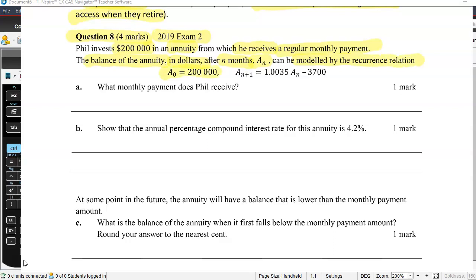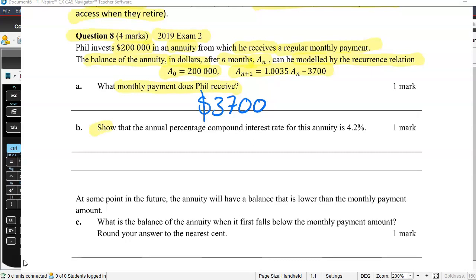So 200,000 is the initial investment, and that's the recurrence. So what monthly payment does Phil receive? He gets $3,700. Now you can see he is earning some interest each month, and he's receiving money from that investment.